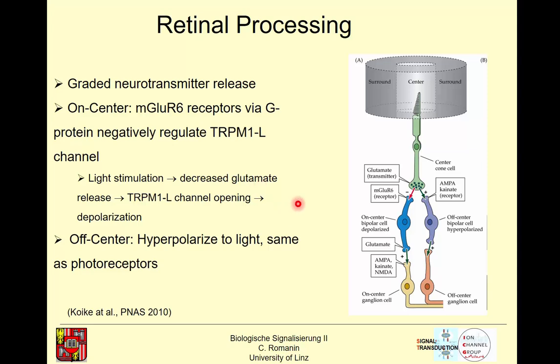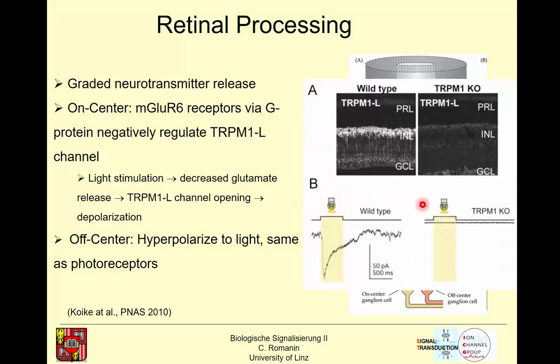So are there further proofs? This indeed has been proven by a knockout animal, where people have shown that when this TRPM1 channel is present, and you can see here it's also localized in the retina by an antibody staining, and light shines on it, these channels get open because the negative G protein regulation due to glutamate, which would put this channel in a closed state, is missing now.